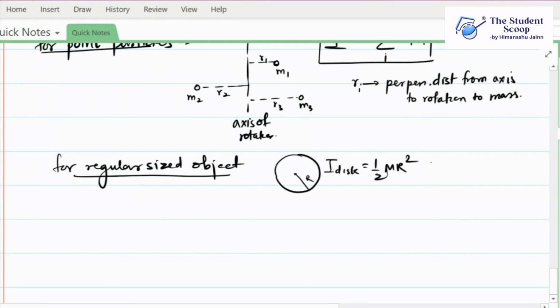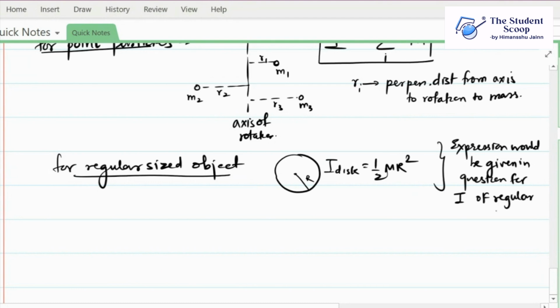So these expressions for regularly shaped objects will be given in the question. Like for a sphere of radius r, it is equal to 2.5 mr square, like this. So it is different for every object.